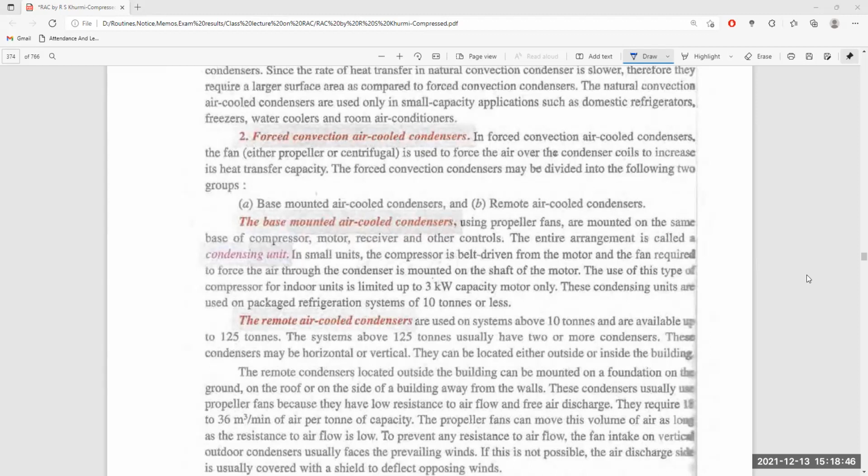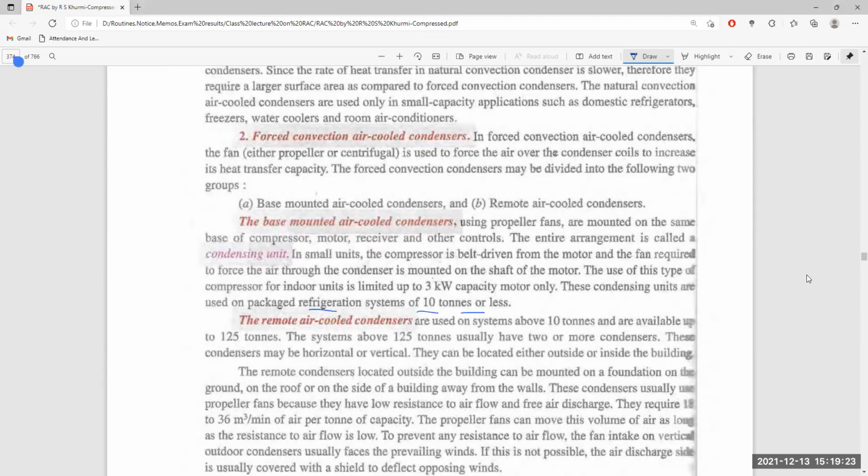These condensing units are used on packaged refrigeration systems of 10 tons or less. Generally, these condensing units are used on refrigeration units of 10 tons or less.